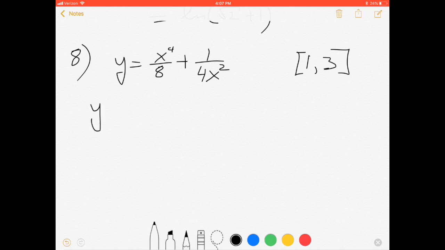First find the derivative. What do we have here? It will be 4x to the 3rd over 8 minus, here we have negative 2, subtracting gives negative 3, so negative 2 over 4x to the 3rd.